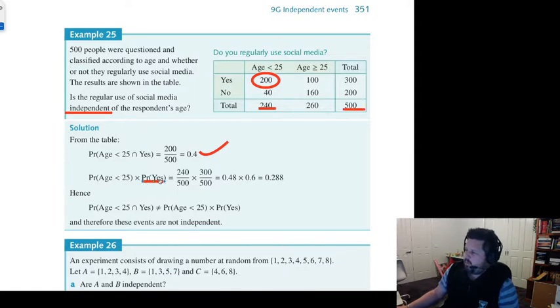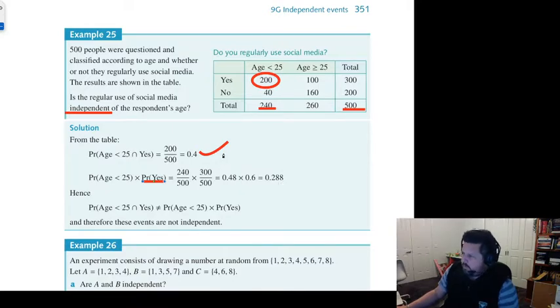If we think about the probability of them saying yes, there were 300 out of the 500 that said yes. If we simplify down each of those fractions, we end up with 0.48, and here we end up with 0.6, and we are going to multiply those together, which is 0.288.